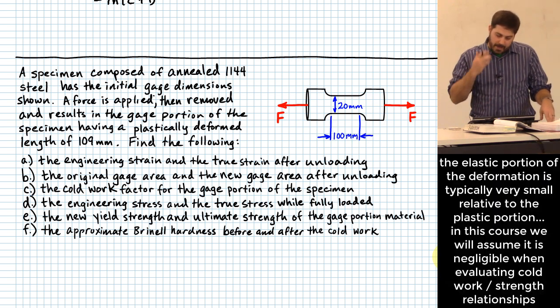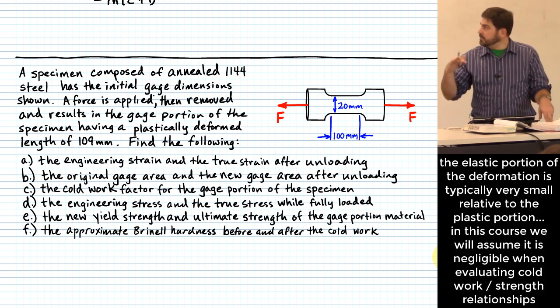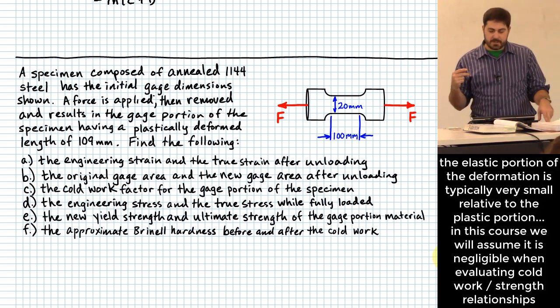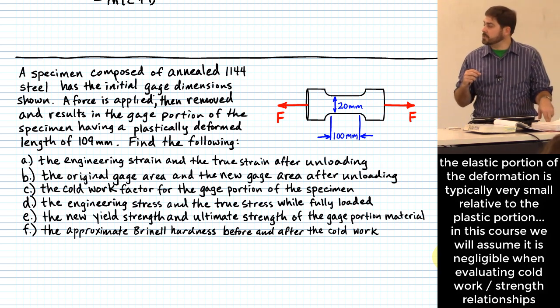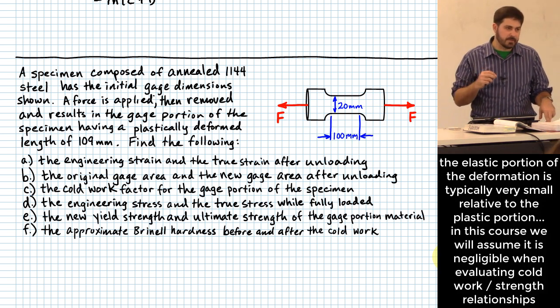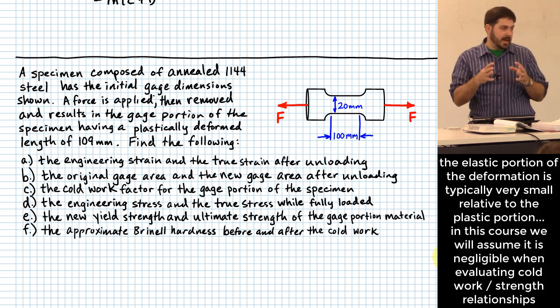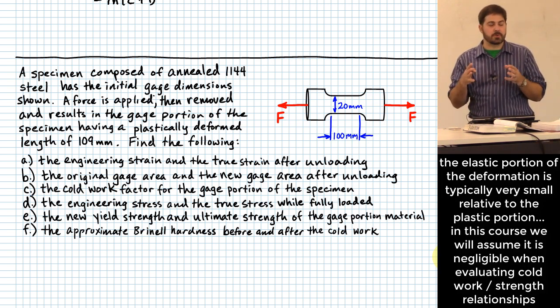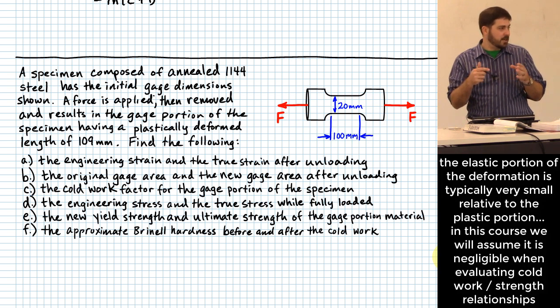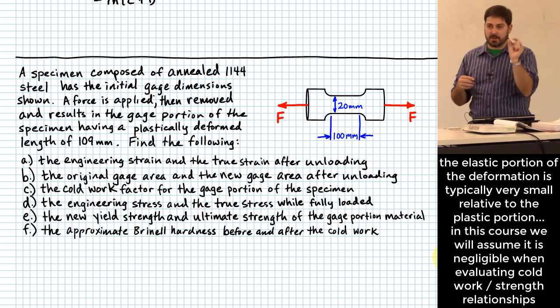Okay? And one of the things I'm going to say before we even get started is this. There are two ways you can handle this. One of them is you can make an assumption that all of your deformation that happens is plastic. The other way you can do it is you can try to do some kind of an accounting for the amount of elastic deformation that happened in the material.